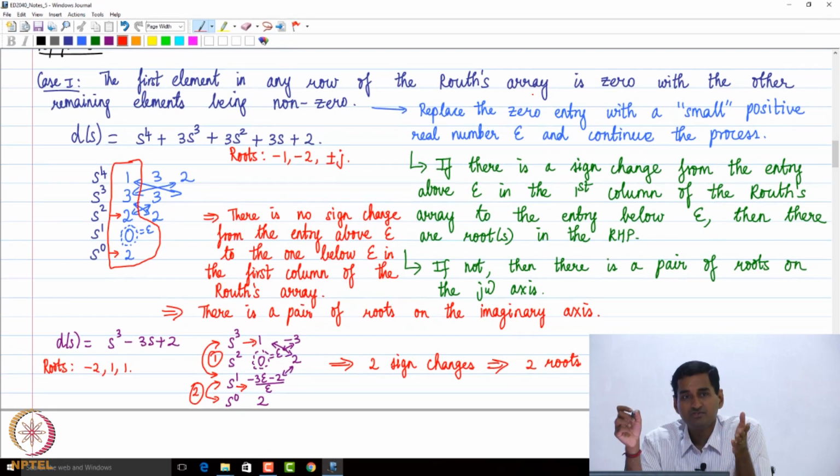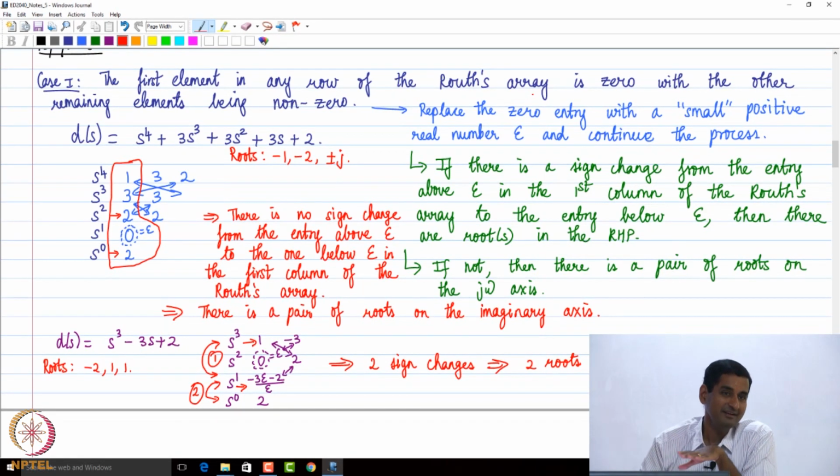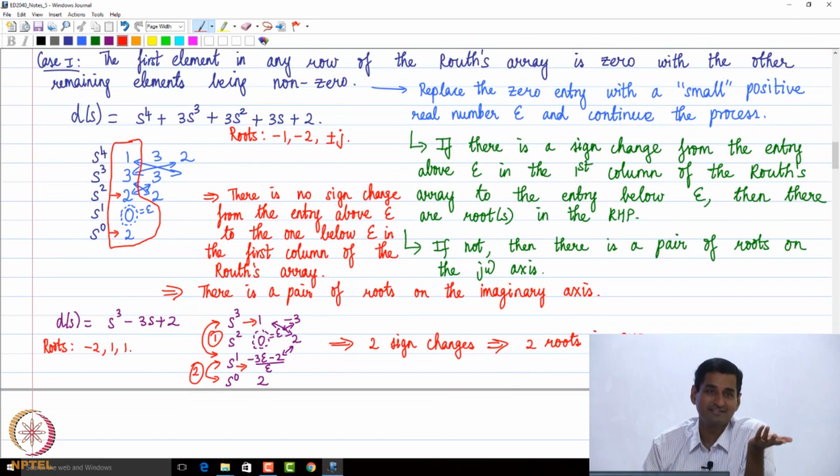So please check out the converse. Construct as many examples as you can, and then check whether this really happens in the Routh's array. If it happens, you can interpret this condition, but it need not happen always. That's a question which you need to answer.